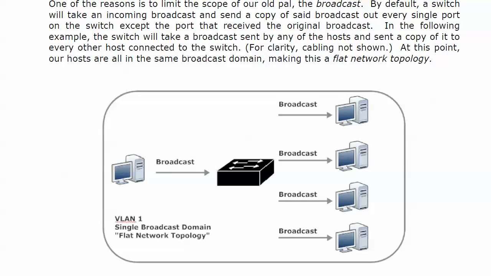Right now, they are all in a VLAN, and I'm going to hit you with this a couple times in the first couple of videos. Even if you think you're not using VLANs on a Cisco switch, you are, because by default, every port is in VLAN 1. But we have a single broadcast domain, and again, the term flat network topology, I don't see it a lot outside of Cisco documentation, but it is a good term to be familiar with.